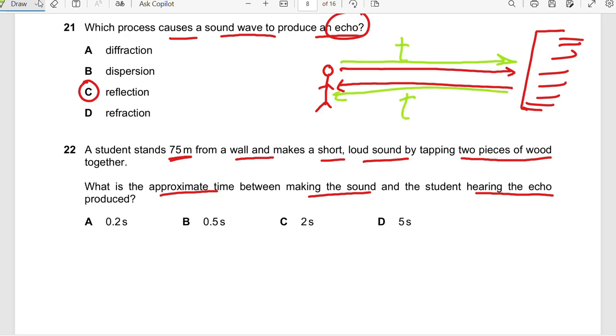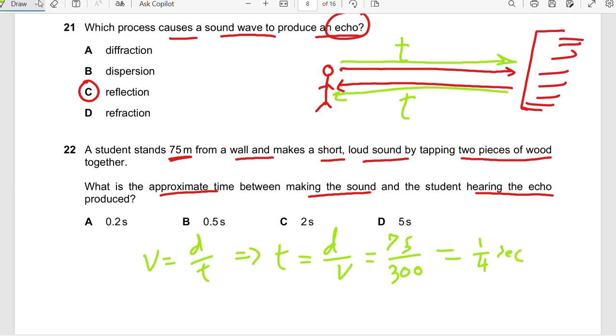In order to find that time, we know in general that V equals D over T. So if I want the time, it is distance over speed, right? The distance is 75. If we take the speed of sound, for example, 330 or maybe 300, I'll take 300 actually. It's going to be 1 over 4 second.